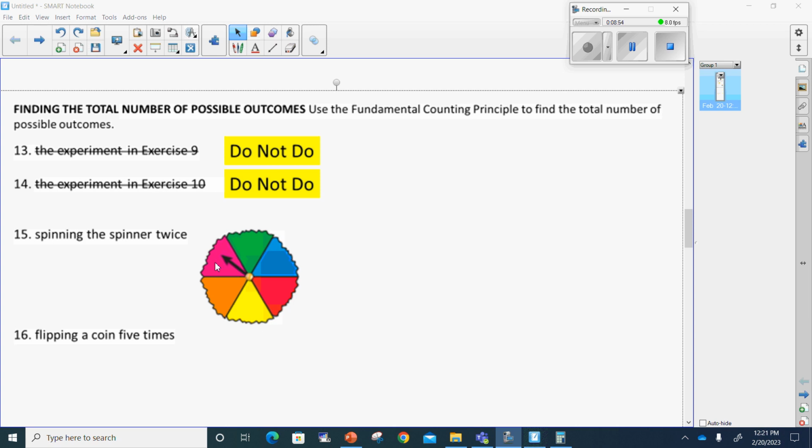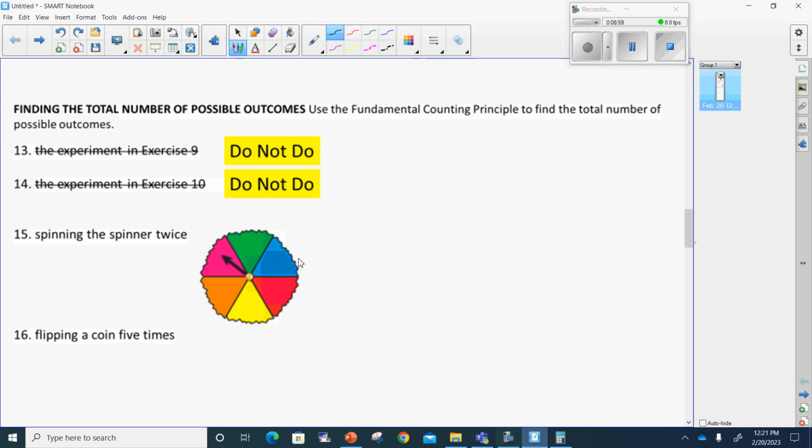So since there's 1, 2, 3, 4, 5, 6, we know that we could take 6 times 6, that's the fundamental counting principle, right? Because if we're doing it twice, there's 6 possible outcomes, and then we've got another variety of colors that will go after it, including the original color, which would give you 6 more. 6 times 6 is 36.